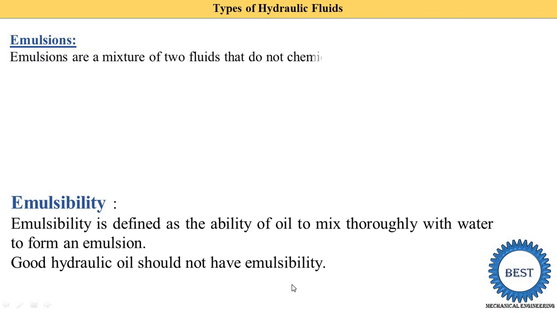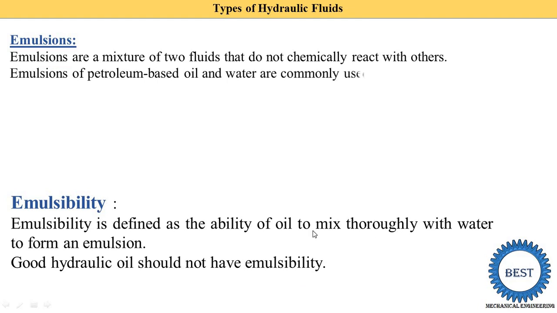So emulsions are a mixture of two fluids that do not chemically react with each other. Means two fluids are mixed, and this mixture is used as a working fluid in hydraulic systems. Emulsions of petroleum based oil and water are commonly used. Earlier we studied petroleum base, so with petroleum base we add water and it is used in hydraulic systems.